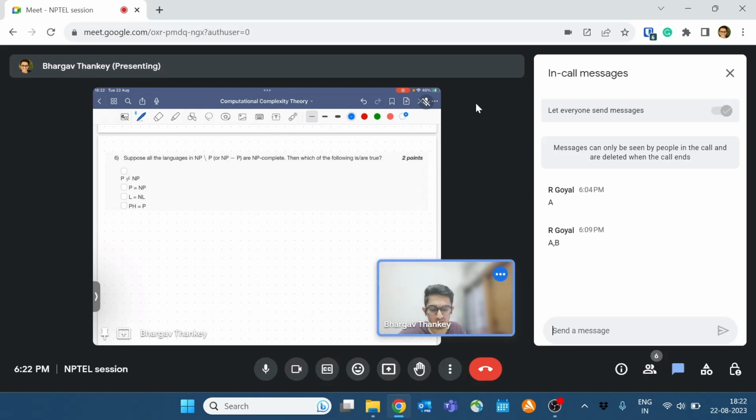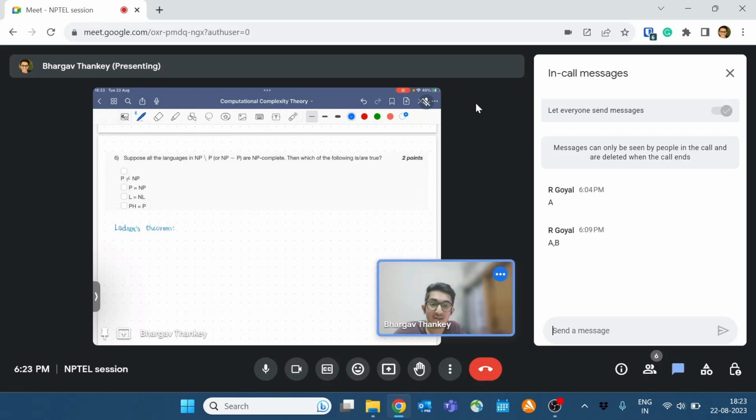Okay, so what does Ladner's theorem say? It says that there would be the presence of the NP intermediate problems. There are problems which are in P, then there are problems which are NP, and there is an intermediate area.